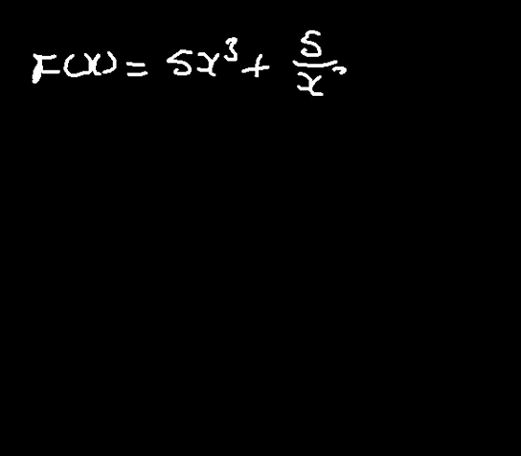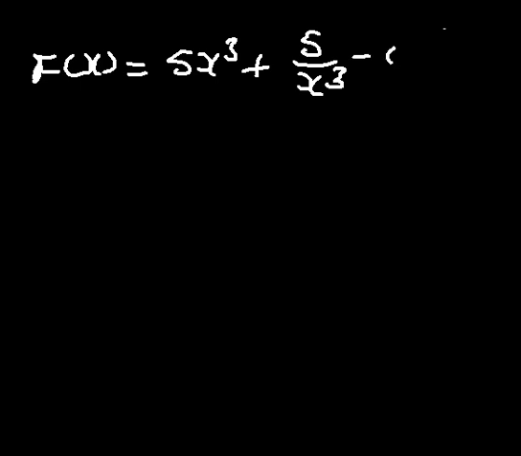Let's say we have f of x, which is equal to 5x cubed plus 5 over x cubed, minus x, and minus 1 over x. Let me just properly orient that one.